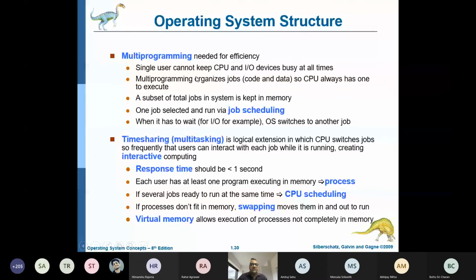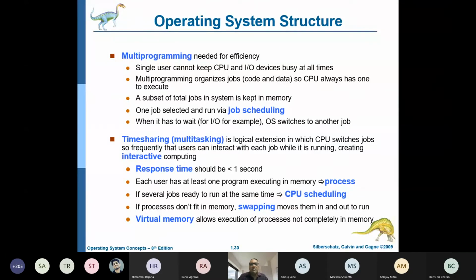It means you are feeding multiple jobs to the computer. For example, one job is executing on the CPU, and if that job needs IO, the CPU will not wait for the IO completion. The job will be taken out and wait for IO, and the IO will be taken care of. The next job will be placed.